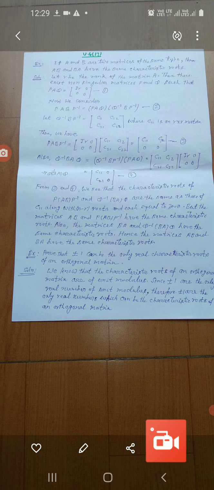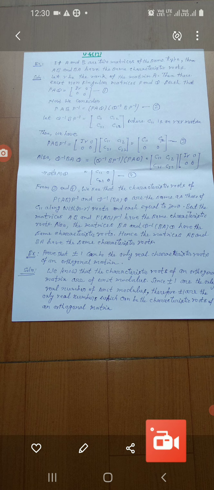Then we have PAB P inverse equal to, we put the value of PAQ, the matrix I_r 0 in the first row and 0 0 in the second row, multiplied by C11 C12, C21 C22.